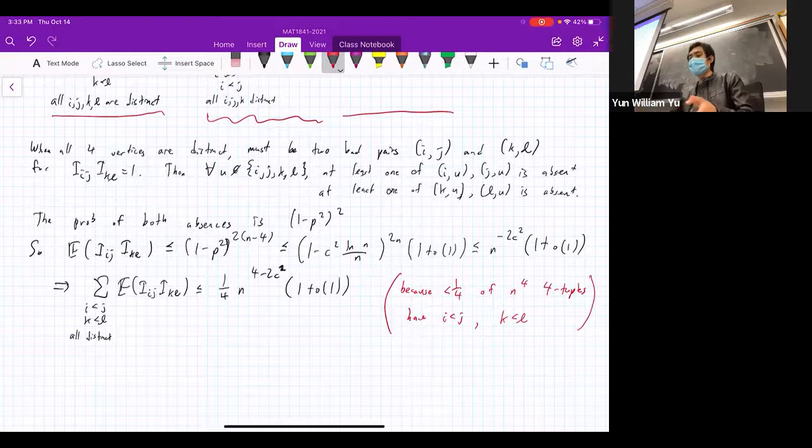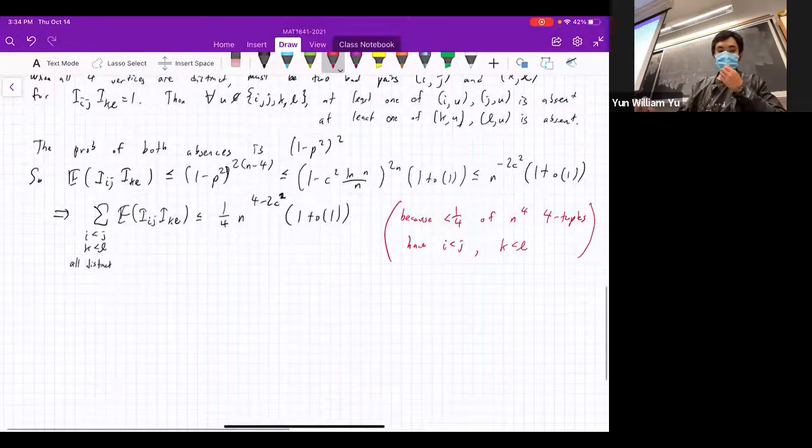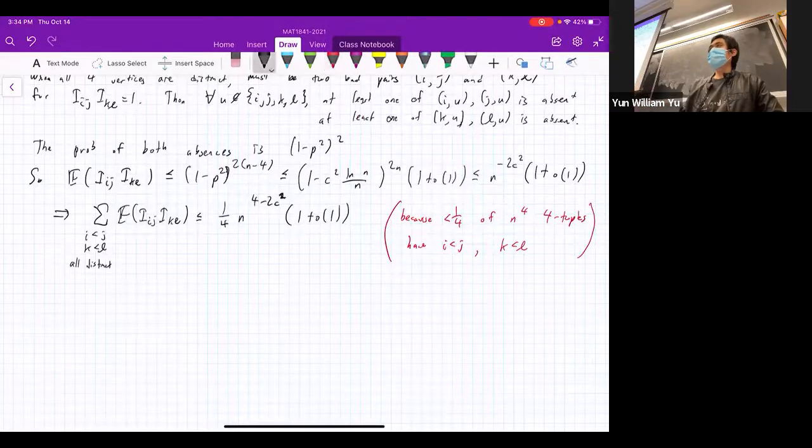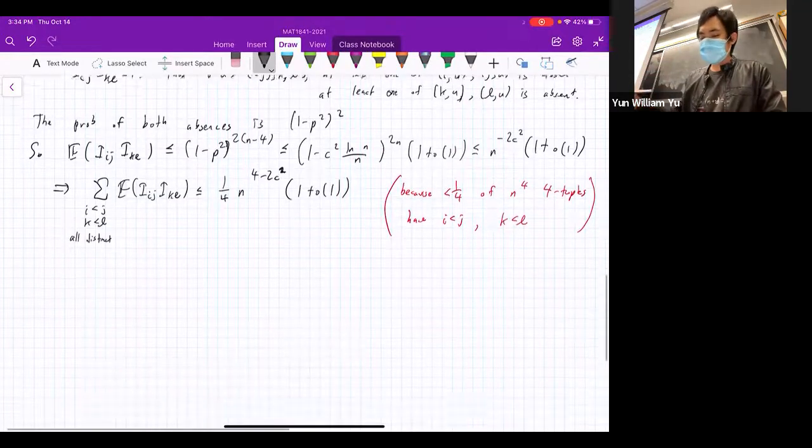Right, because basically what we're doing is we're looking at all the cases where i is less than j and k is less than l, and each of those, roughly speaking, takes out half of your possible things. And so you end up with 1/4 n to the 4 minus 2c squared times 1 plus the little o of 1 as basically an approximation factor. So you guys should tell me if I'm either boring you with this or I'm going too fast, since I'm not actually sure which right now. I think it's going fine. Okay, I'll keep on going then, but please do let me know if that's the case.